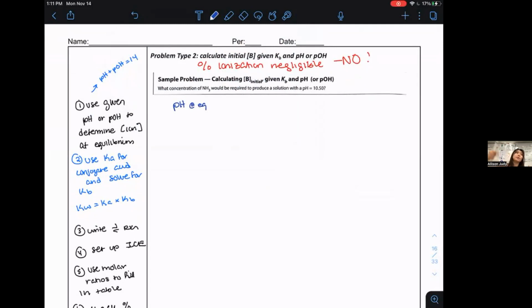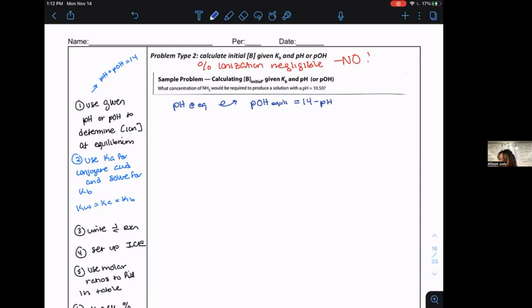And if you can solve for pOH at equilibrium, you can solve for the concentration of OH minus at equilibrium. So you solve for pOH at equilibrium through 14 minus pH.